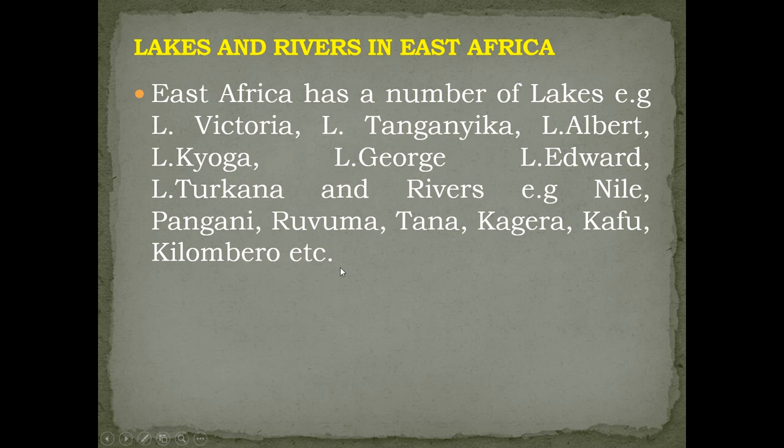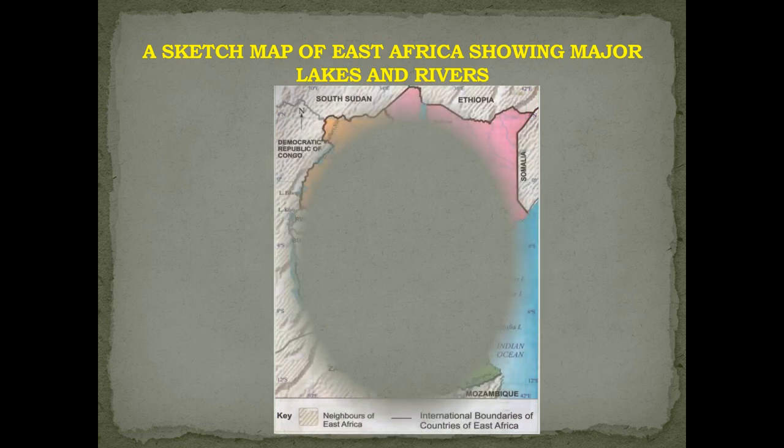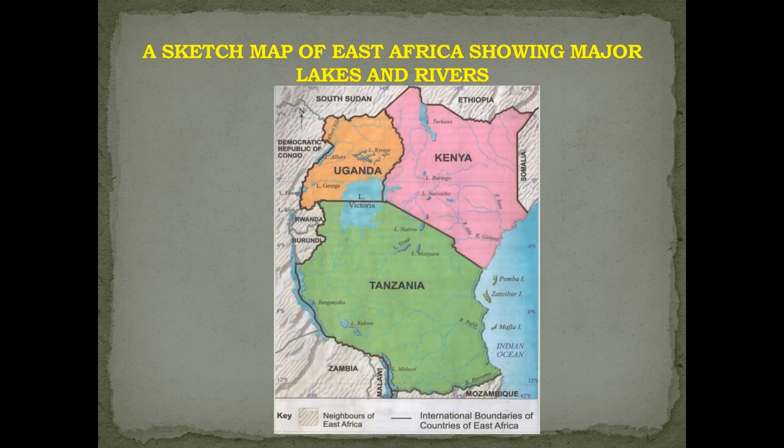Look out for more rivers in the atlas. We can identify them clearly on this sketch map that I've put down for you, showing the major rivers and the lakes.